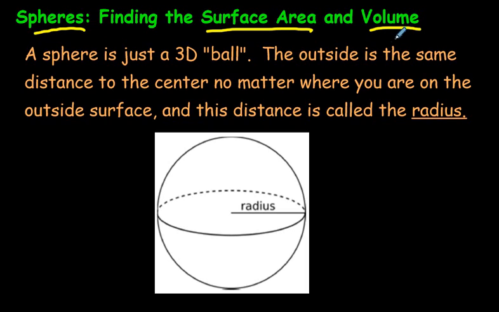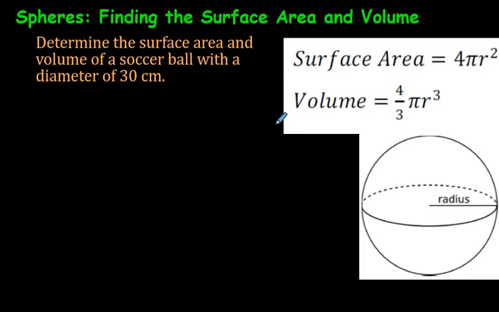Okay? It says here the outside of a sphere is the same distance to the center. Here's the center of the sphere, no matter where you are on this outside surface. And that distance is called the radius. We're not going to go into how these formulas were developed in this video, but we are going to use these formulas.